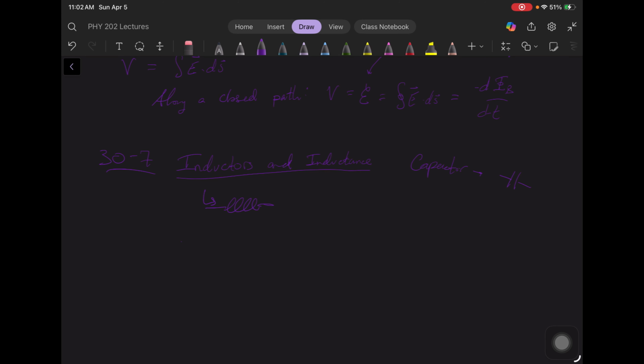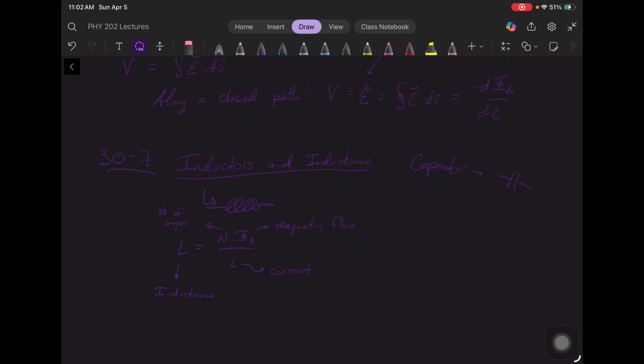And we actually have a definition for inductance. L is equal to N phi B over I, where this is the inductance, magnetic flux, current, and then of course we have the number of loops.